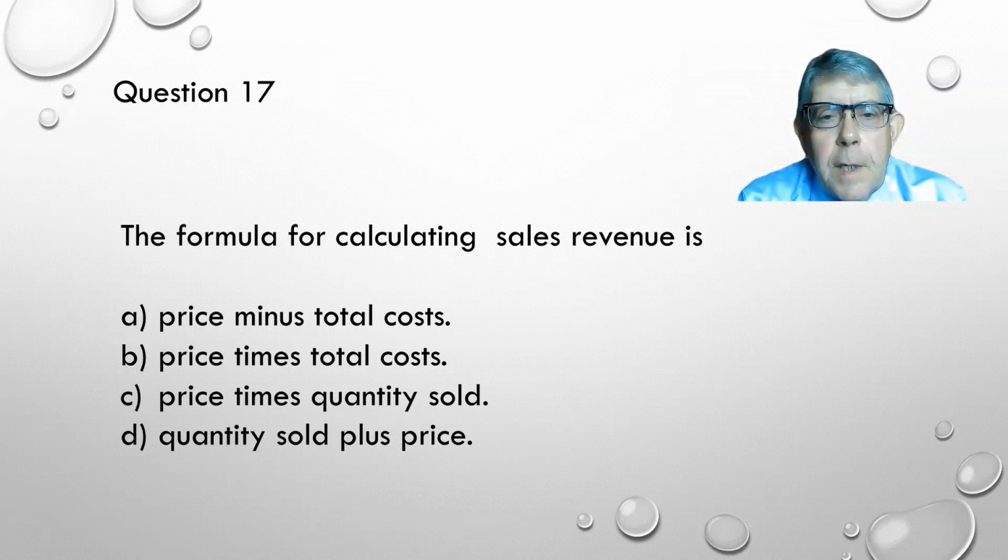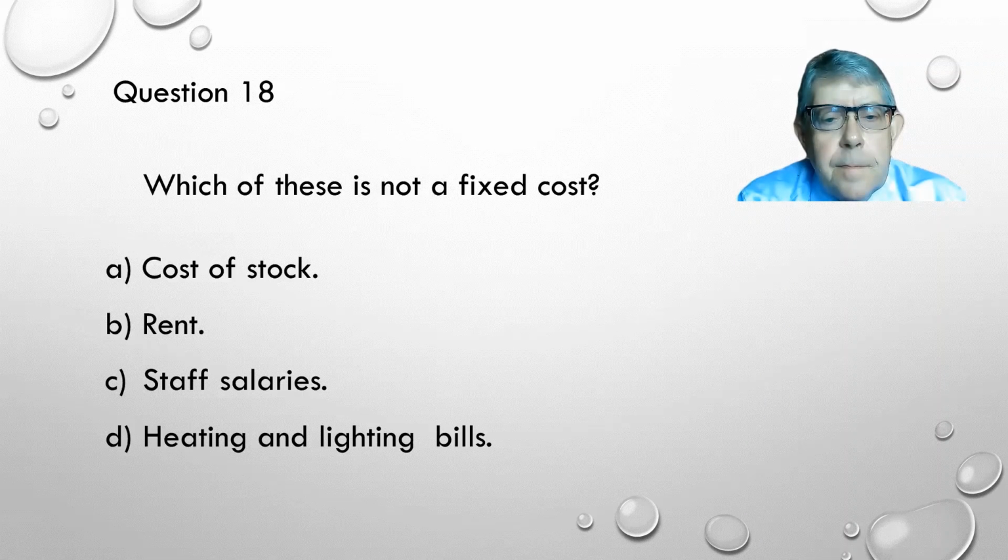The formula for calculating sales revenue is A, price minus total costs, B, price times total costs, C, price times quantity sold, or D, quantity sold plus price? Question 18. Which of these is not a fixed cost? A, cost of stock, B, rent, C, staff salaries, or D, heating and lighting bills?